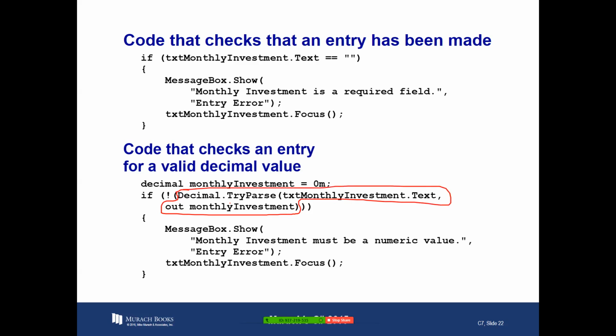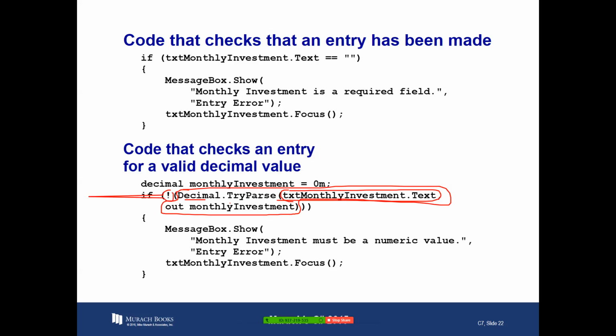And this method is going to return a true or a false, depending on whether this thing is convertible. If this thing can be converted into this, then this whole method returns a true. Well, if this method returns a true, then this makes it false.